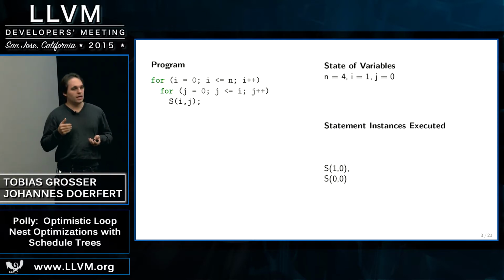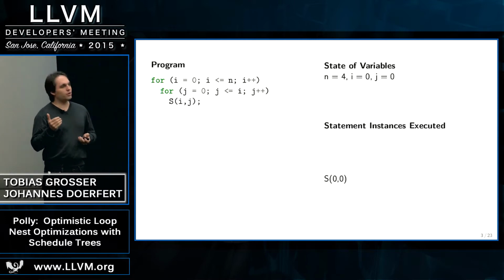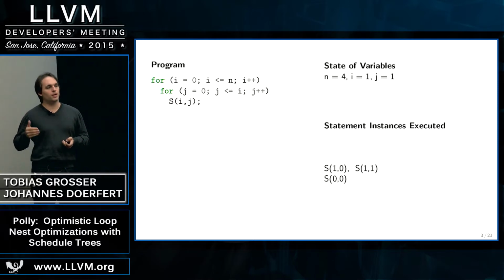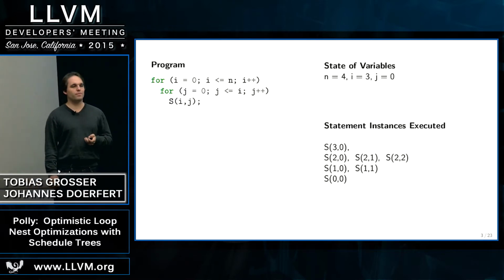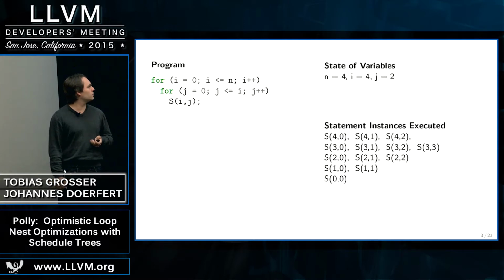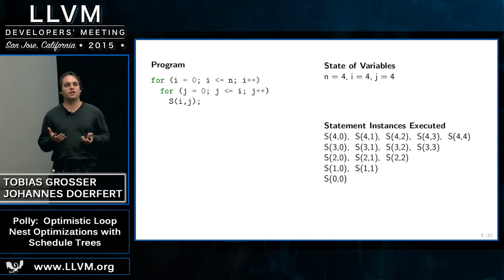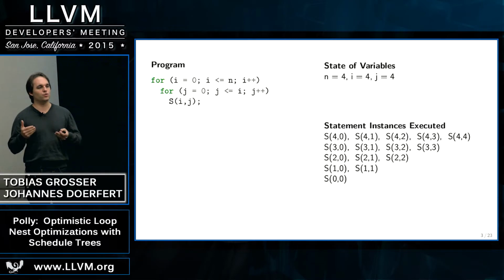Then we want to increase j further. We realize we run into the loop bound of j, so we can't increase j further. We go to the outer loop, there we increase i. Then we can increase j, but only once. And then we run again into the bound of j less than or equal to i. This is a super simple way to describe the loop execution, and if you continue with the execution, you'll realize you get 15 different statement instances that get executed throughout your loop kernel.